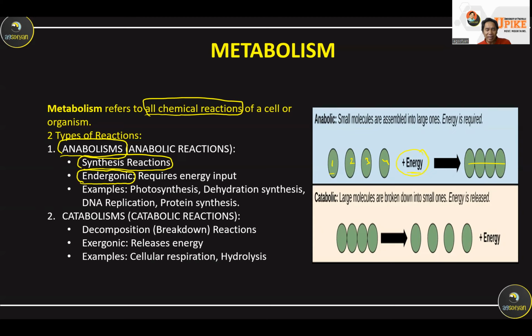There are many examples of anabolism. For example, photosynthesis. The name is telling you this is a synthesis reaction, and this reaction requires energy, called photo, which is light. So the name of this reaction is actually telling you this is anabolism, an endergonic reaction.